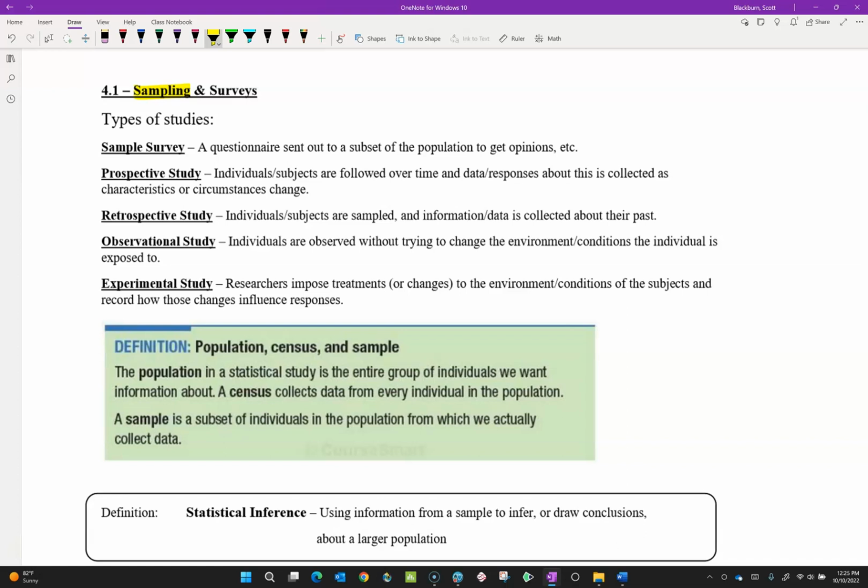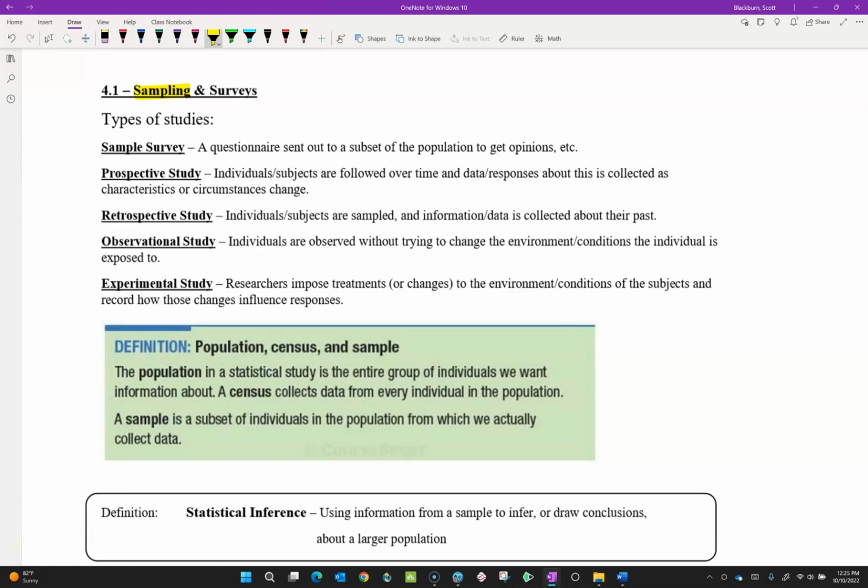Observational study: individuals are observed without trying to change the environment or conditions. We're just observing what happens. We're not trying to manipulate them or their environment. An experimental study is where we impose treatments. So if we were wondering if vitamin C can reduce a person's chance to get a cold, we would give them vitamin C, and maybe we'd give another group something that's not vitamin C, like a placebo, and then we would see if the vitamin C group got sick less than the placebo group.